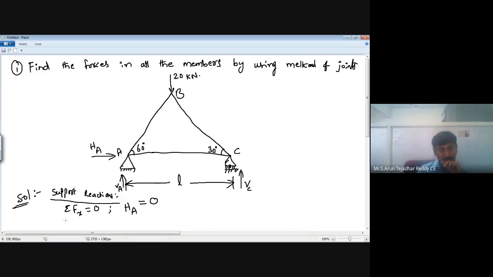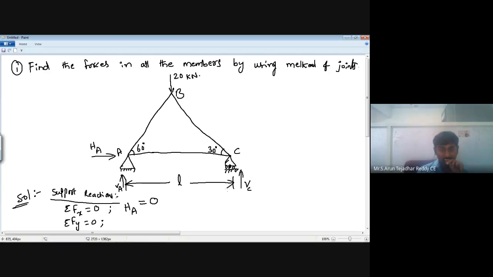Next, apply summation of vertical forces is 0. Observe in this diagram, totally how many vertical forces are acting? There are 3 vertical forces: VA, VC, and one external load of 20 kilonewton acting in the downward direction, while VA and VC are both upward.